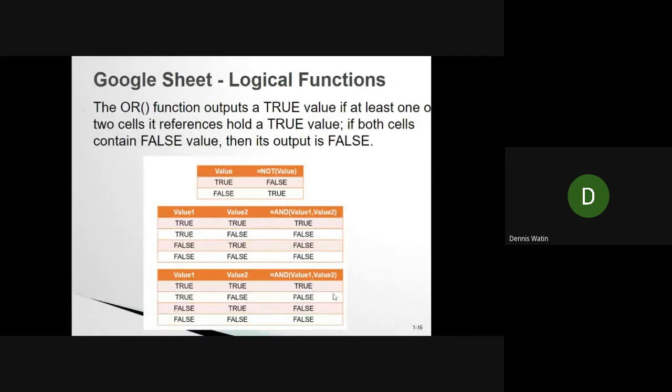Actually this is OR, no? This is OR. It's the opposite, class, this is wrong. Let me remove that one. The OR function outputs a true value if one of the two cell references is true.